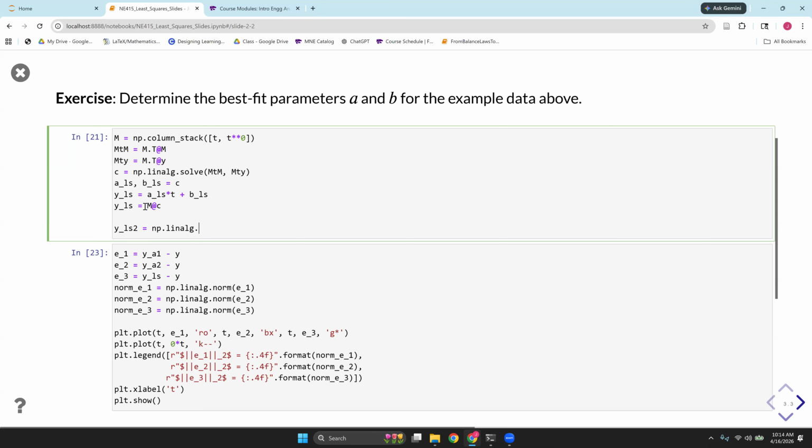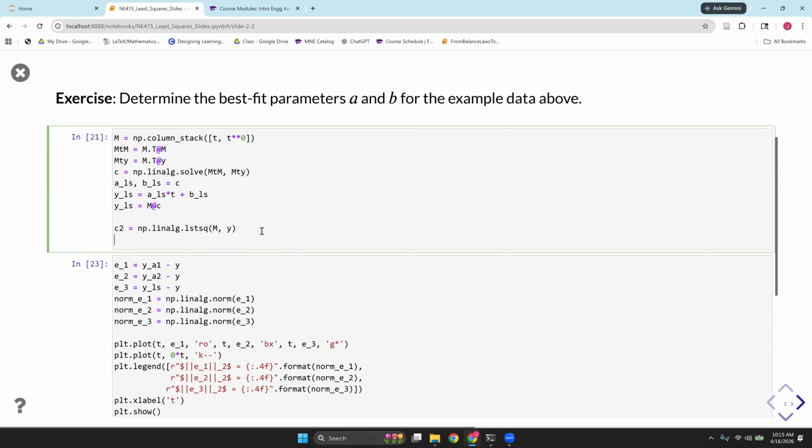We know that the only thing you need to set up the least squares problem is to take M transpose M, and then M transpose your original right-hand side. So the only information you really need is M and Y, and you can take the transpose. NumPy has a built-in least squares solver that does that automatically for us. So if I do M and Y, and that should be C2, we will see what it produces.